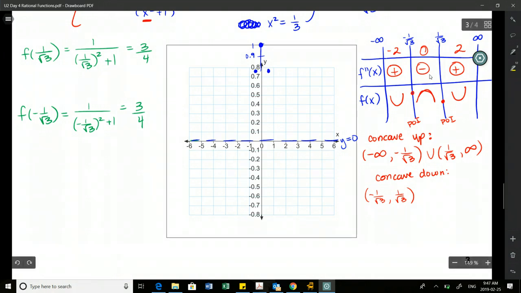And then we know in this little section right here, the graph is concave down, like so. And in these other sections past here, our graph is concave up. So that probably tells me that we are curving like this around our graph toward our horizontal asymptote there.